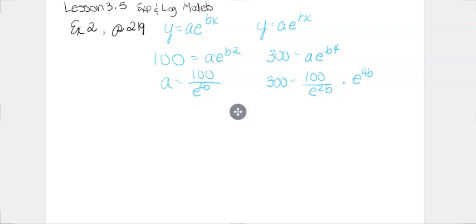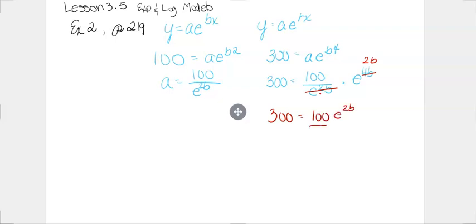Now, here I can do some cross-canceling. So, e to the 4b divided by e to the 2b, I could just subtract that, and I would get e to the 2b on the numerator. So my new equation would be 300 equals 100 times e to the 2b.